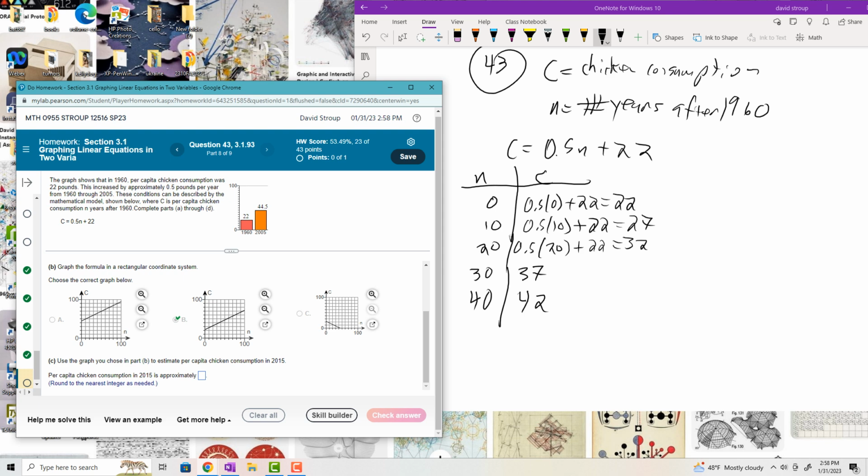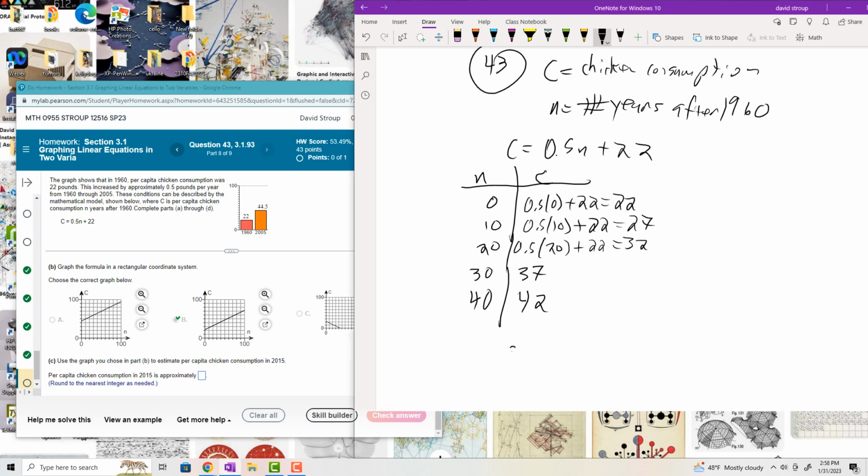And then they want you to use the graph. I would advise not to use the graph because you might get it wrong if you look at the graph. I would say just plug in the value. So the end value they're going to want for this one, the consumption in 2015. So you're basically subtracting away 1960.